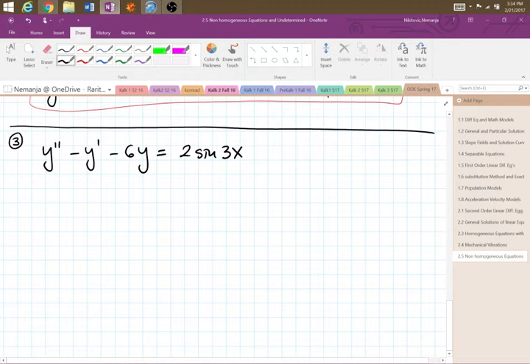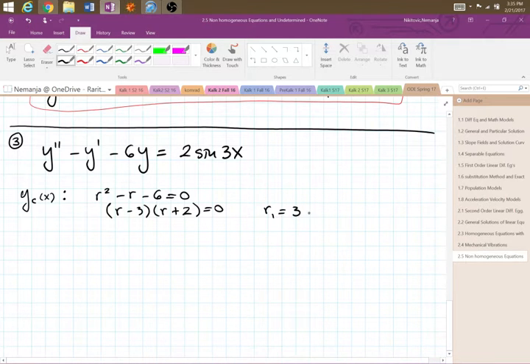Again, we have our complementary solution, which is for the homogeneous case. So to do that, we immediately have r squared minus r minus 6 equals 0. This one factors. That's nice. (r minus 3)(r plus 2). And we have r1 equal to positive 3 and r2 equal to negative 2.